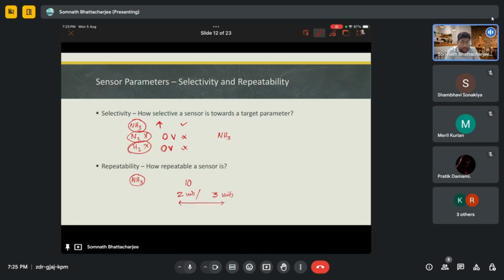A sensor should be repeatable in any case, so it should always give 2. We want a very highly repeatable sensor and also a very highly selective sensor in case of biological cases or gas sensing, or even chemical sensors. It should be a very highly selective sensor and also a highly repeatable sensor as well.